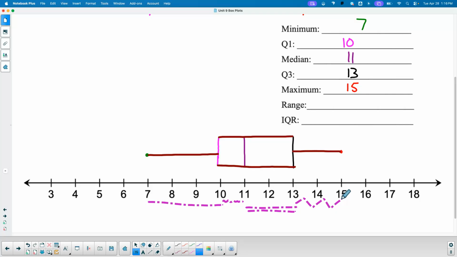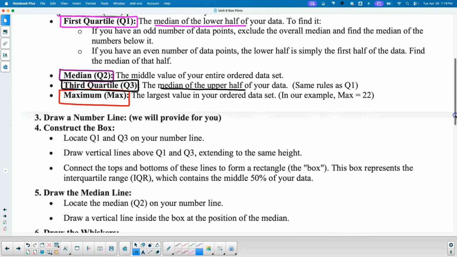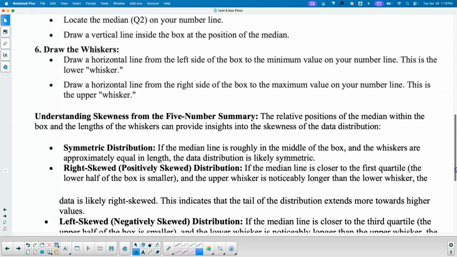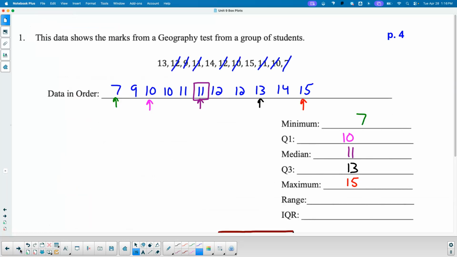Other numbers that we can get off of that data set, we can find something that's called the range. I'll talk skew here in a minute. Okay? We can find the range. The range is going to be the highest minus the lowest.